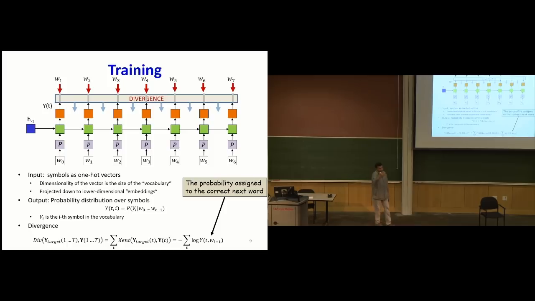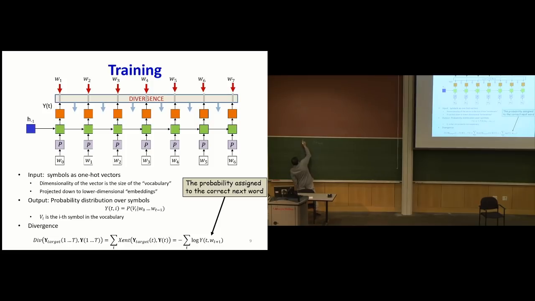When you compute the cross entropy or the Kullback-Leibler divergence between the desired output and the actual observed output, it has the form minus summation p_i log y_i, where p_i are the target values and y_i is the actual probability assigned to the words by the network.